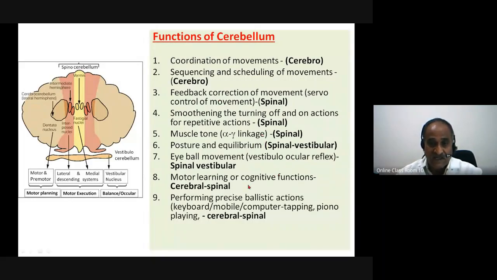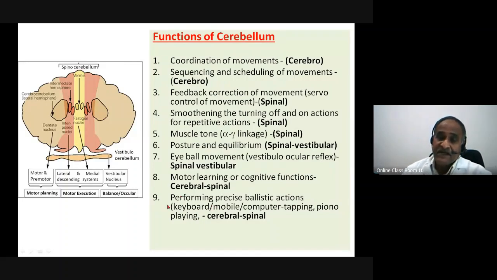That's the learning aspect. So motor learning, especially in terms of precision and the optimization of muscle activity, is what happens in the cerebral part and the spinal part.